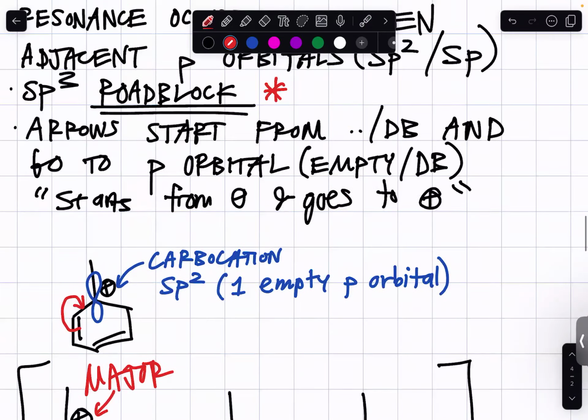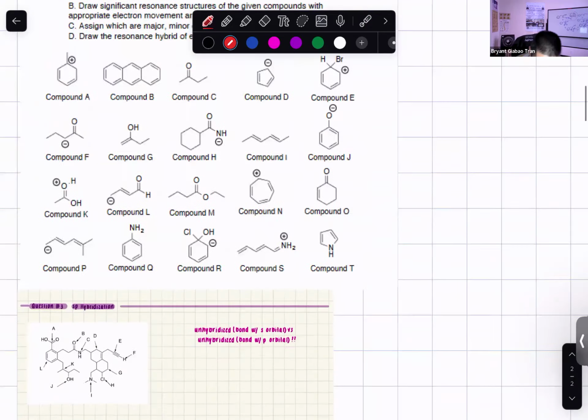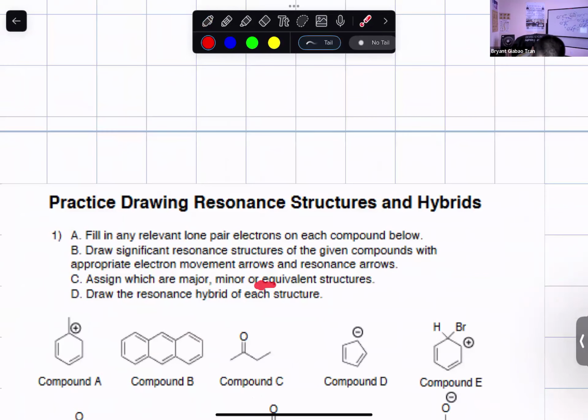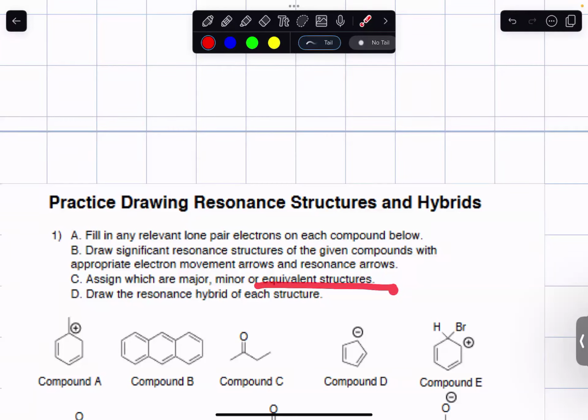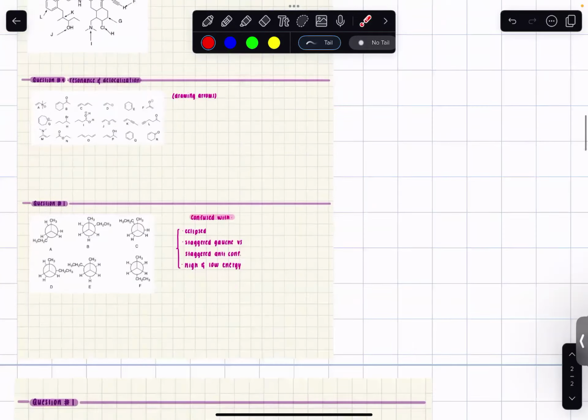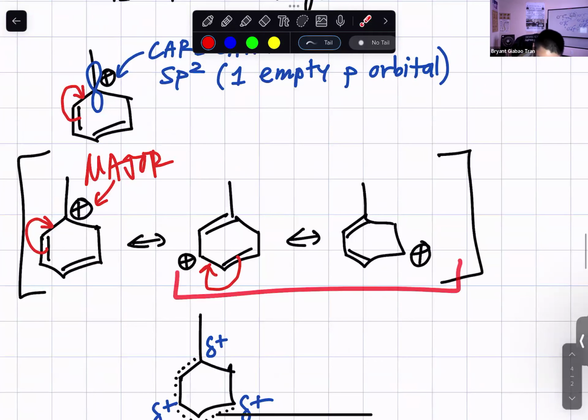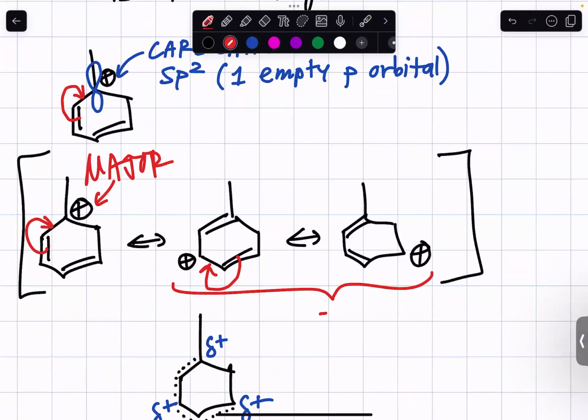The direction here asks if there are major, minor, or equivalent structures. In the case that I just showed you, they are equivalent structures. Those three are equivalent structures, whereas the ones they gave us in the practice problem, these two are equivalent structures.